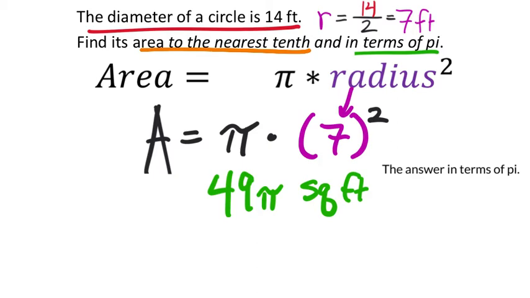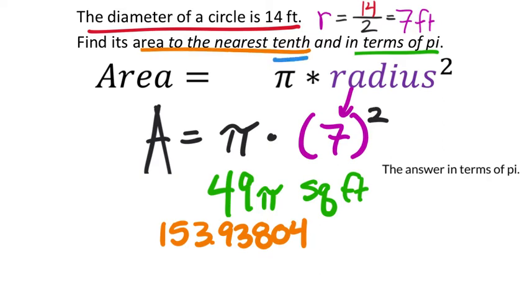Again, I'm just pushing the double arrow button above the enter button, and the answer shows me 153.93804. Not very many decimals, but there's plenty. What we really want, though, is this answer rounded to the nearest tenth. So I see the 9 here in the tenths place value. Immediately to its right is a 3.